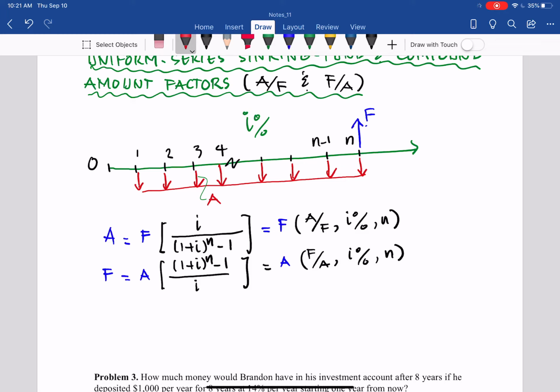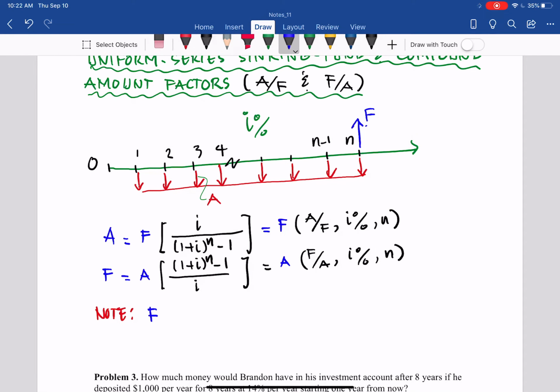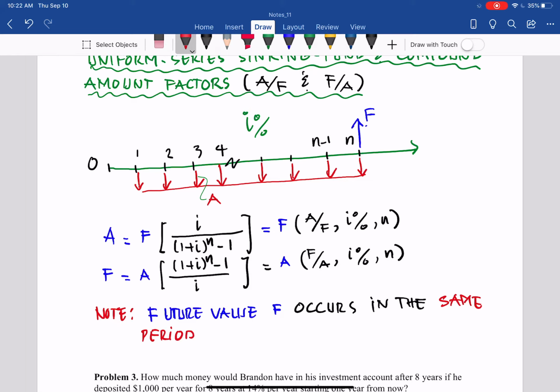So the note here is also very important: the future value F occurs in the same period as the last A. The last A, very important.